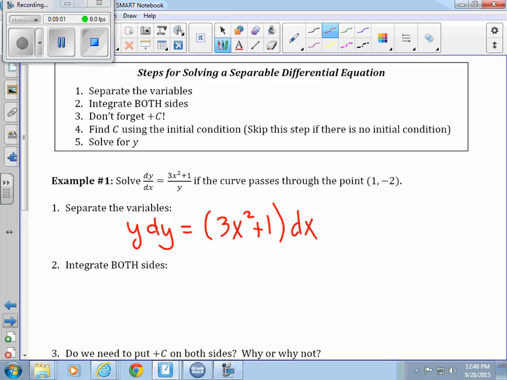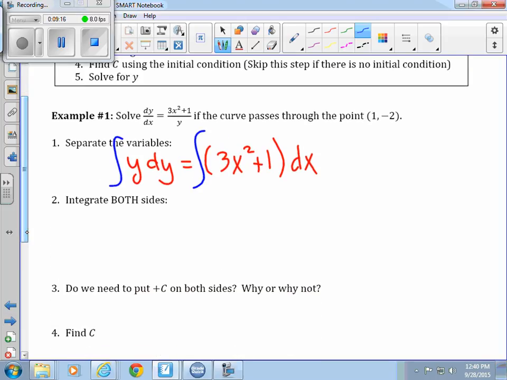Step 2. Integrate both sides. We are doing an indefinite integral, so we will have a plus c. What is the antiderivative of y?